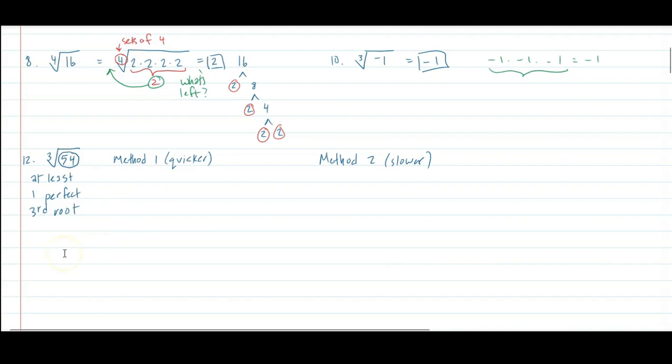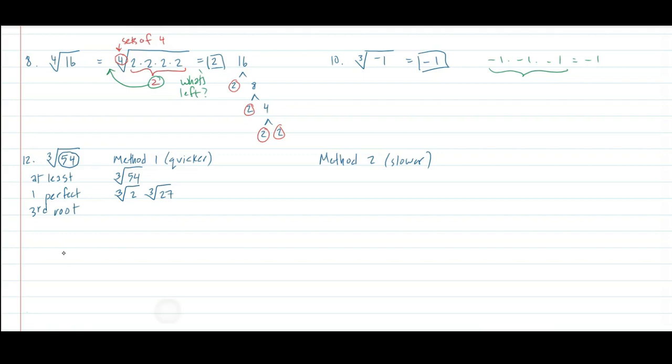perfect third root. So if you think about it, you can rewrite the third root of 54 as the third root of 2 times the third root of 27. And 2 times 27 is 54, so the third root of 2 and the third root of 27 is something that we can break 54 up into.